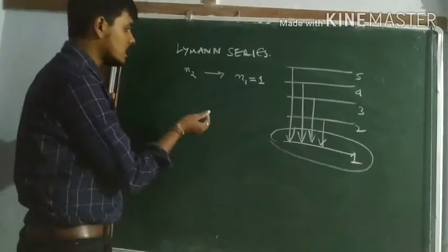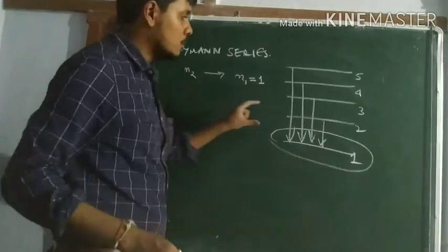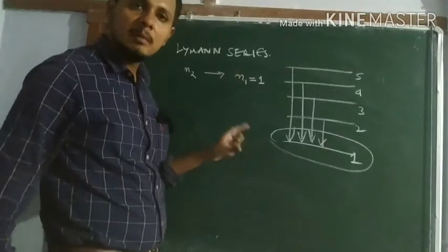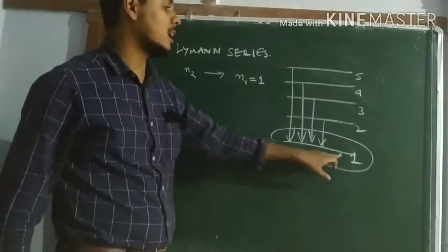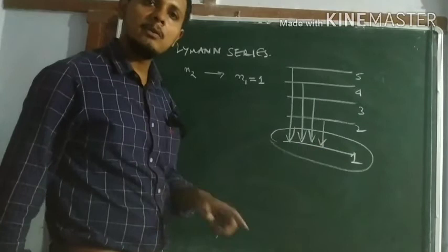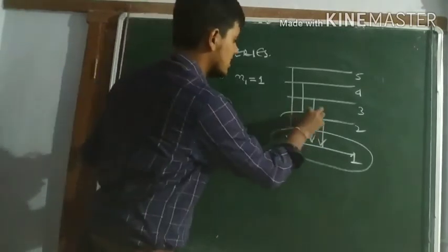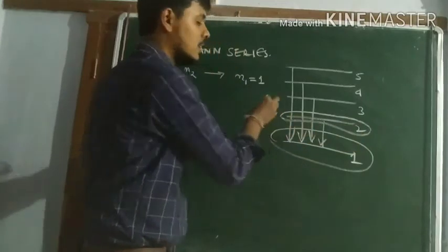The line with the least energy is the first Lyman line. What is the nearest energy level to n equals 1? The nearest energy level to n equals 1 is n equals 2.